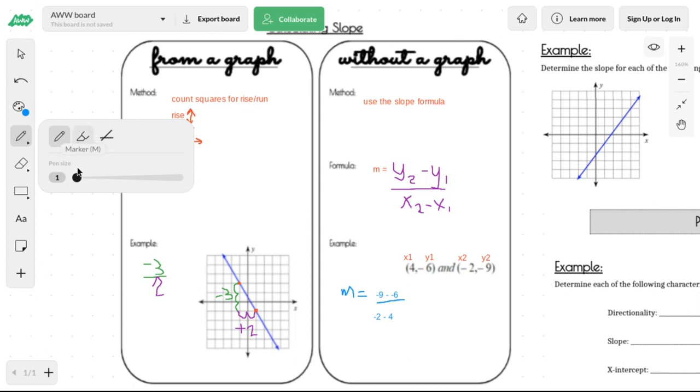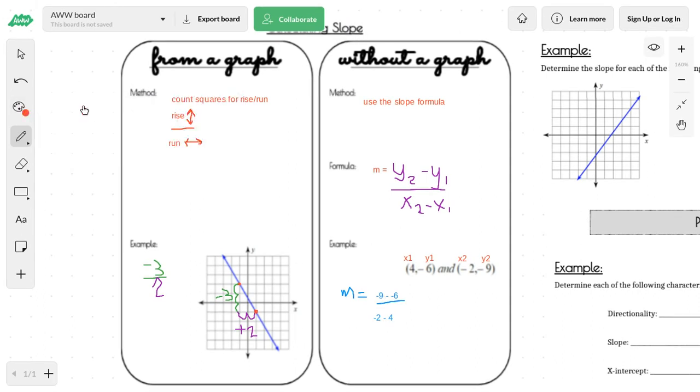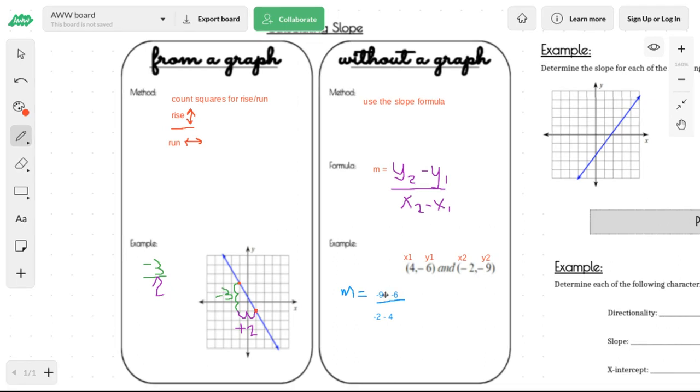So I'm going to quick change that. So it says -9 plus 6. And so that'll give me -3 on top over. And then -2 minus 4 gives me -6 on bottom.